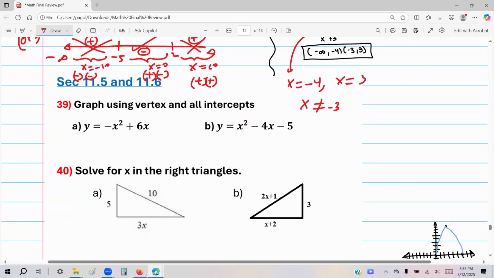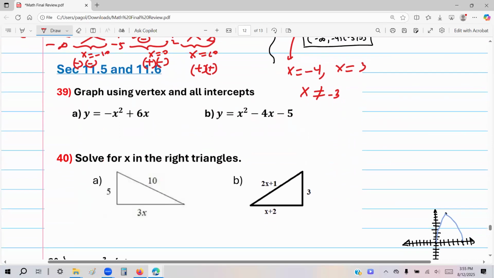The next one, using vertex. When you don't see the vertex, you have to find x and y. x equals -b/2a. So here we have -6 over 2 times -1. You get 3. And what's the y? You have to replace the x value into the function and figure out the y.